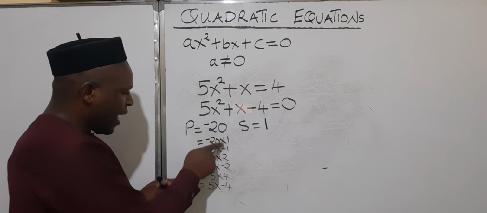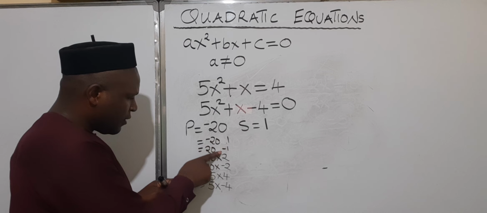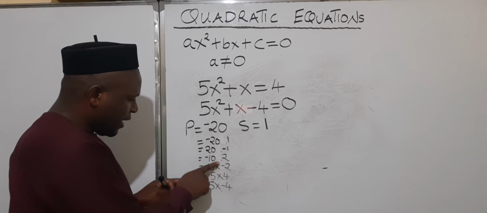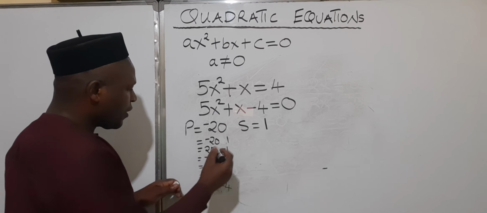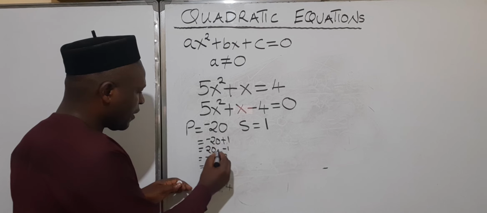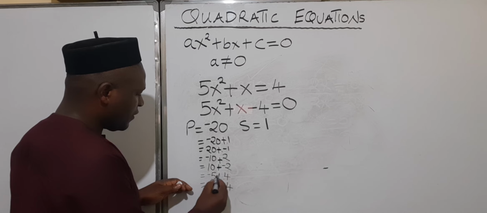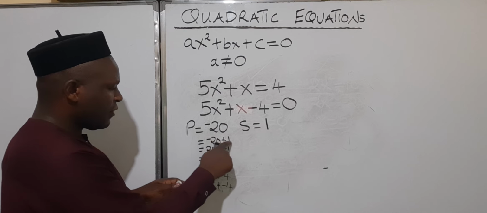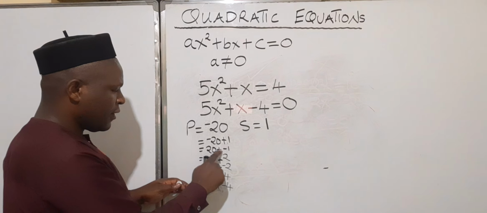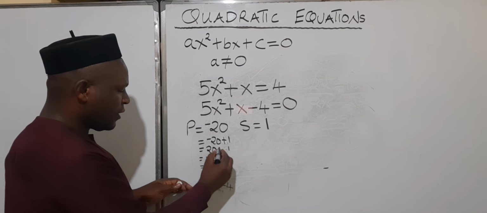Negative 20 plus, or if you want, you can simply do this. Okay? Just put signs there, to make your work easier. So here, there's one sign. This doesn't give me 1. Here, positive times negative, you are going to get a negative.